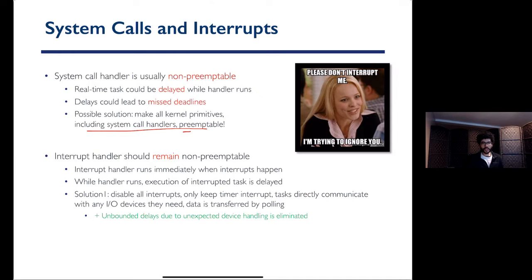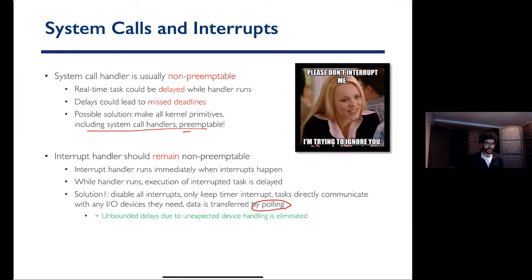So, you know, most of the interrupts that we're talking about are coming from I/O devices or any actuator, let's say your system has, any source of creating interrupts. So what you could do is to basically communicate with them in a polling manner. So you always poll them if you need them, and just get rid of interrupts altogether. So only keep timer interrupt in your system, and for everything else, just get rid of the interrupt altogether. So don't have interrupts in your system.